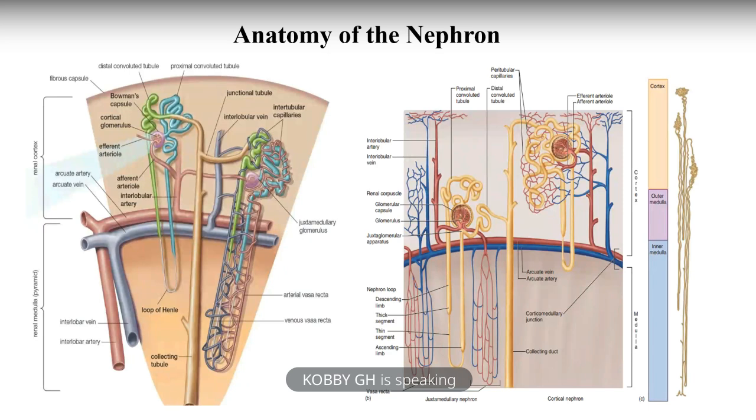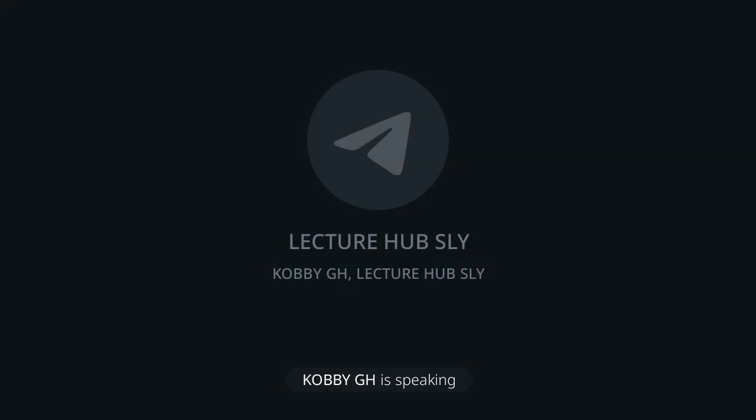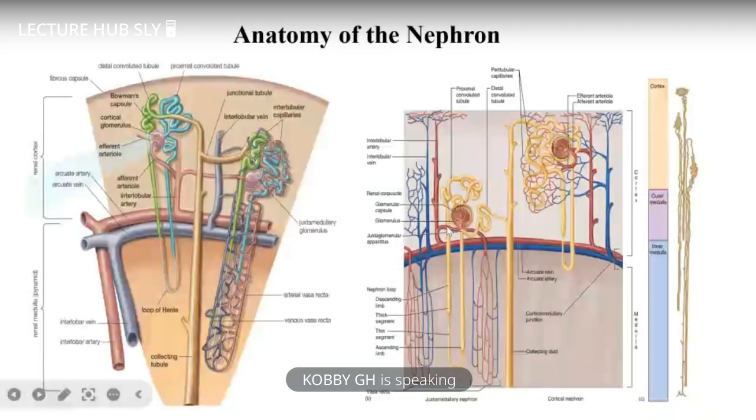Now, one key feature of the juxtamedullary nephron is that they have a very long loop of Henle, and you can see from the diagram that their loop of Henle extends deep into the medulla, or the medullary region.